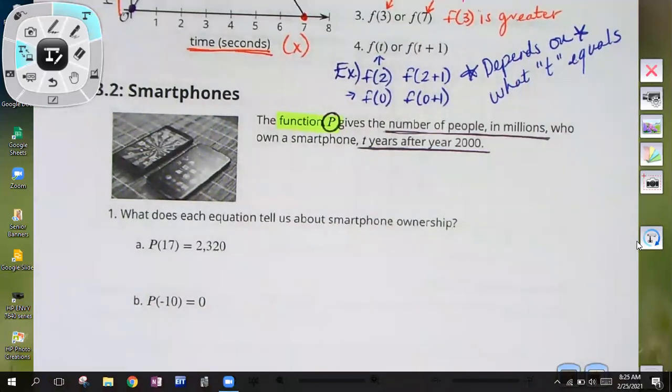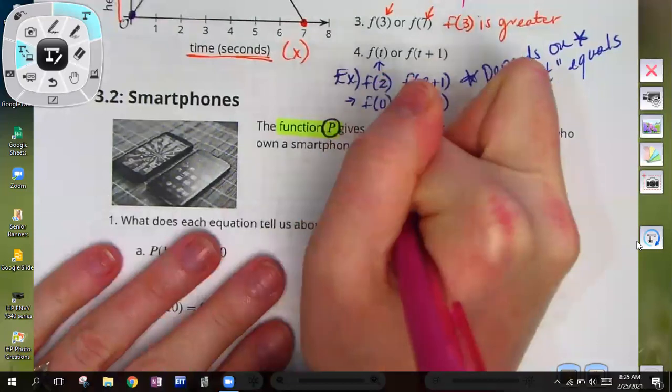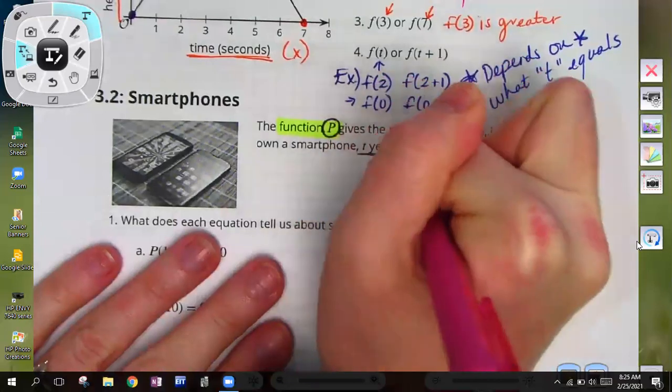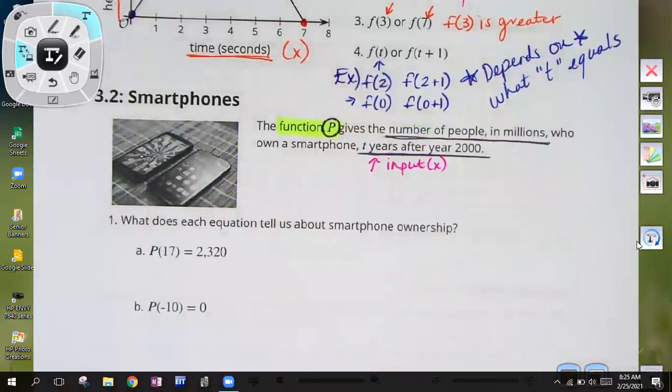So between those two, which one's going to be my input? Years, because that represents time, which we know is usually going to be our input.